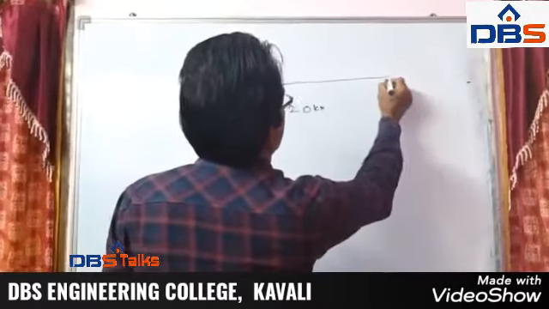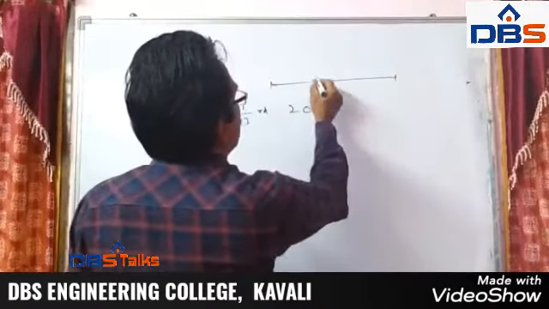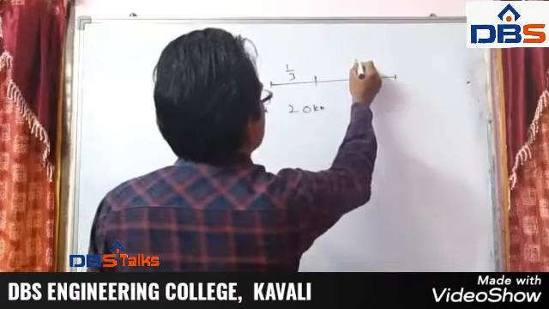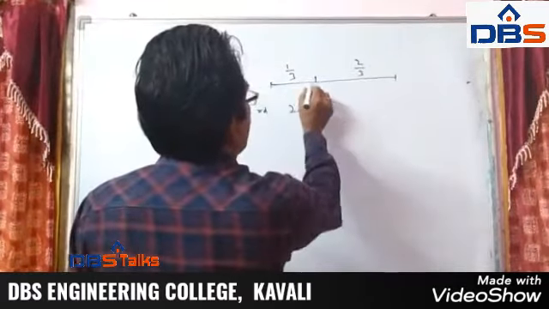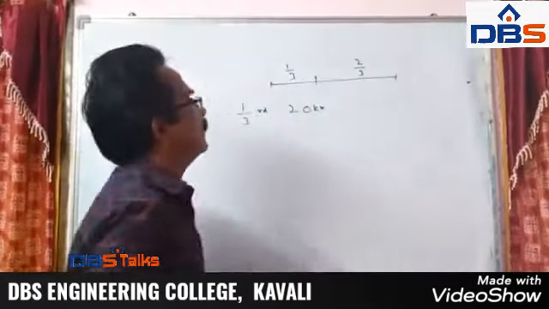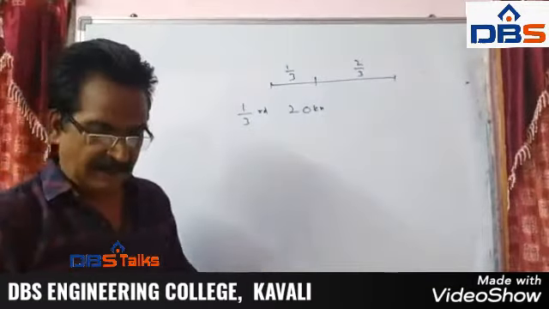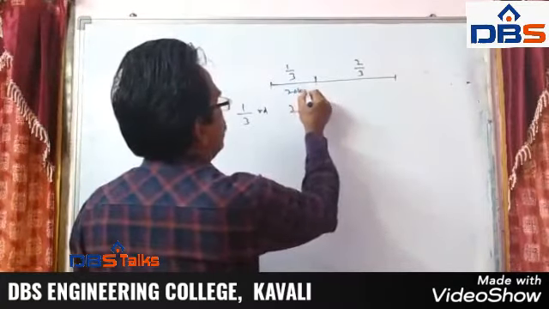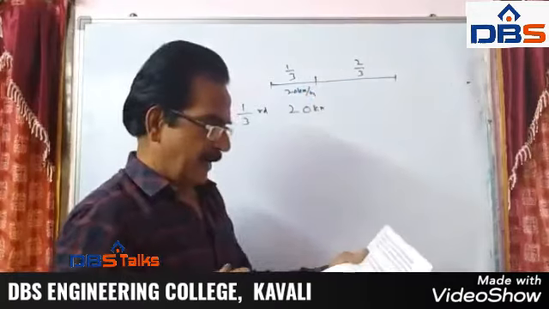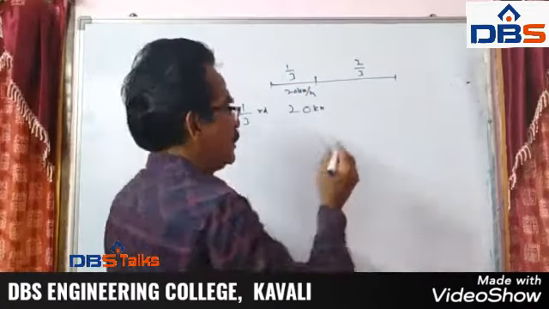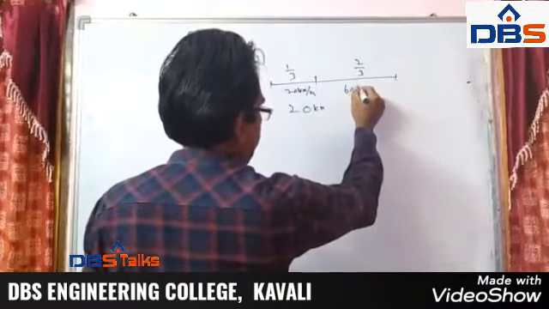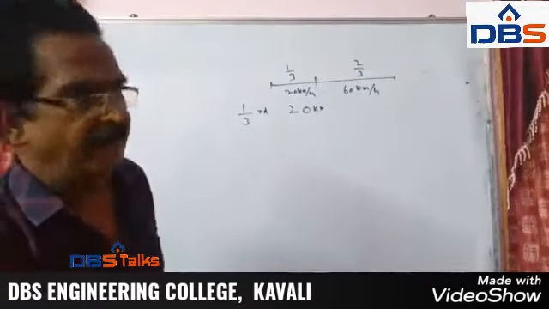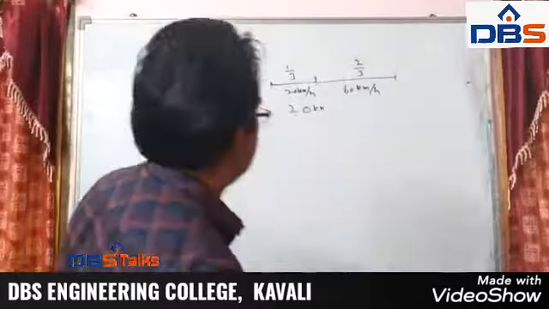See, this is the total distance. This is 1 by 3, this is 2 by 3. 1/3 of the distance at 20 km/h, and the remaining 2/3 of the distance at 60 km/h. Find the average speed.